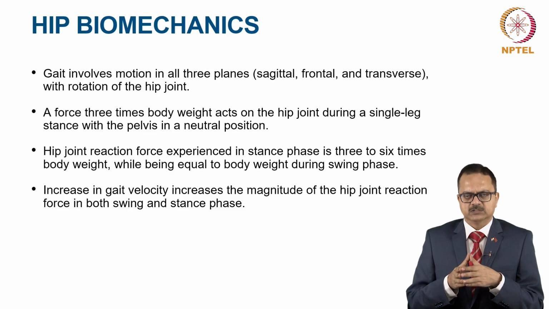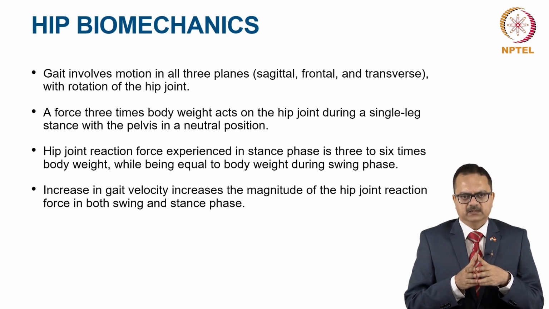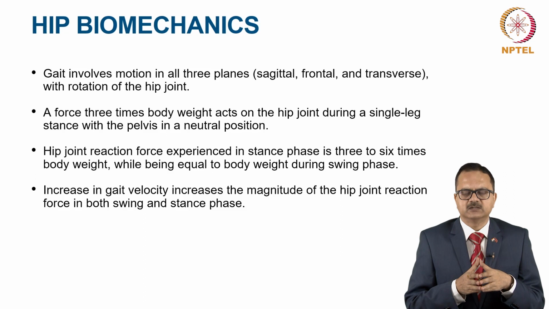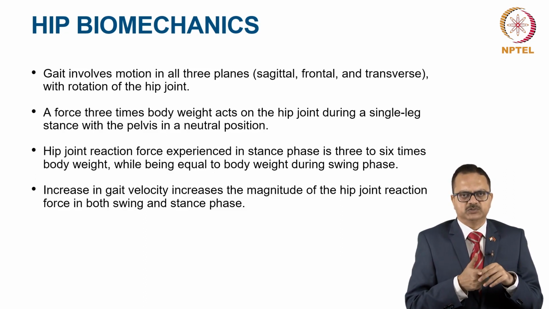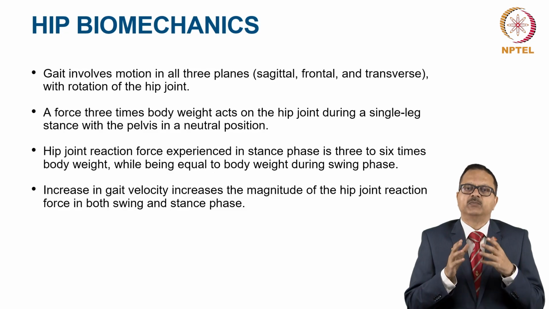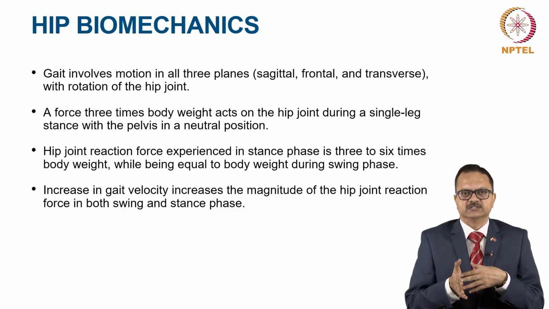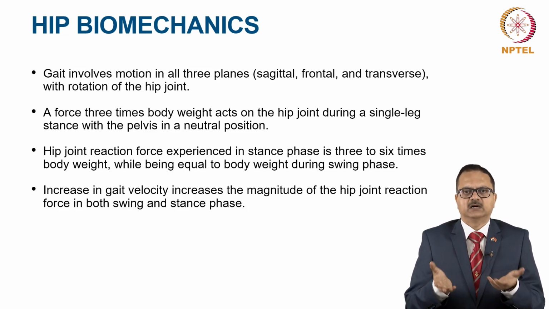We must also know that any increase in gait velocity increases the magnitude of the hip joint reaction force in both swing and stance phases of gait. That means if you walk or run faster, the forces on your hip joint are much higher.